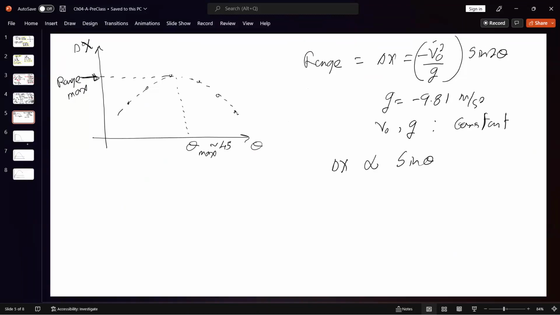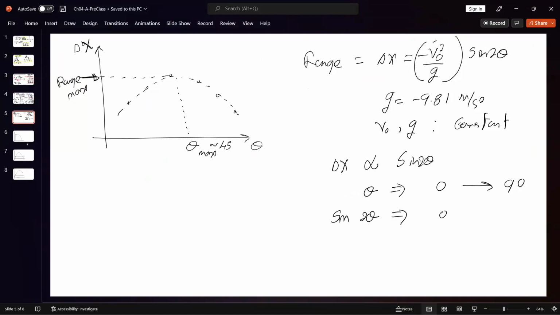So sine 2 theta can vary only between 0 and 90 degrees, because the angle cannot vary beyond that. Theta can vary only between 0 and 90 degrees, right? If I take sine 2 theta, what happens between the minimum and the maximum angle? When the angle is 0, the value is 0.